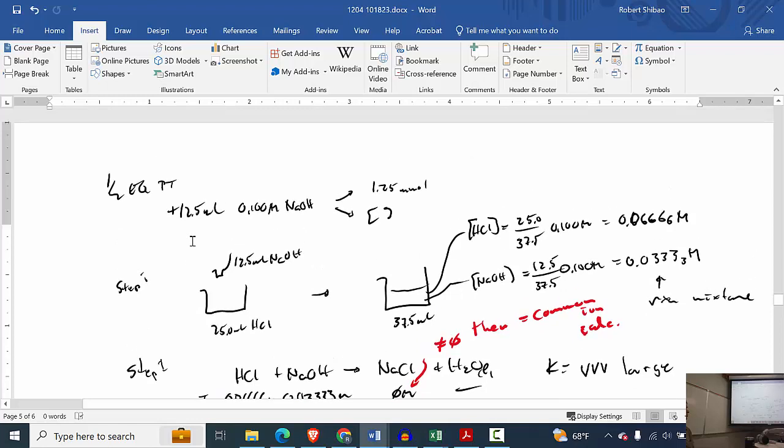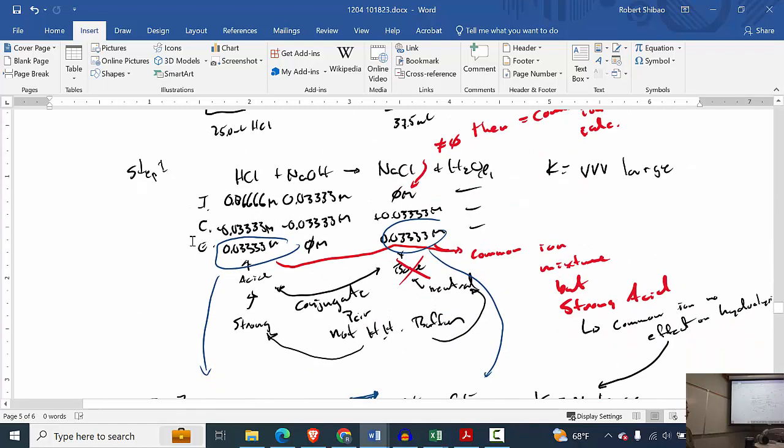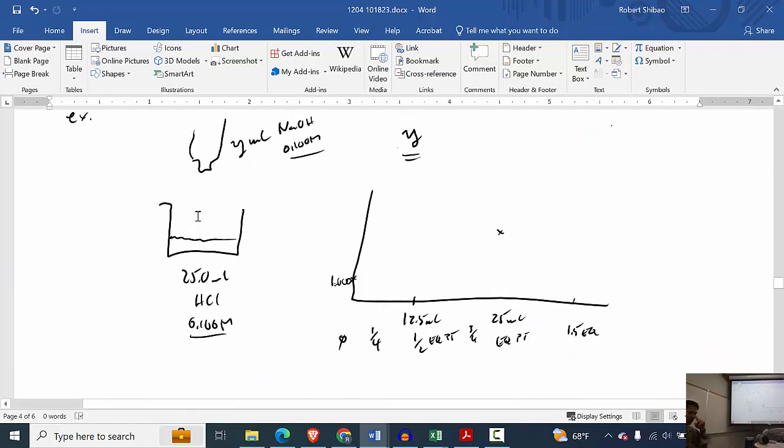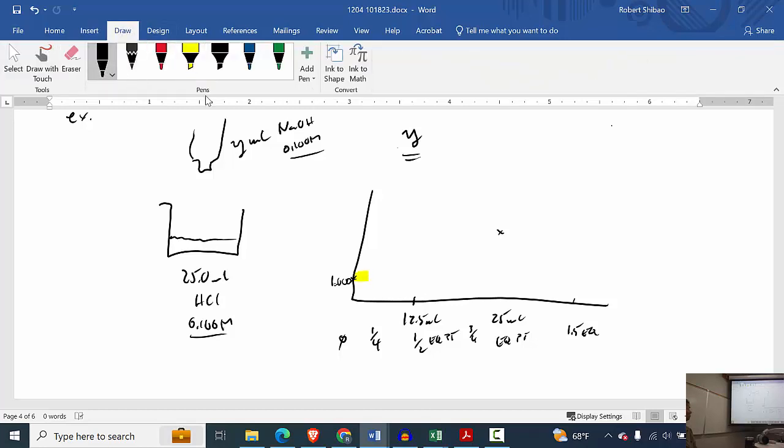We can go to the equivalence point next, 25 milliliters. At the equivalence point, I add just enough to neutralize everything, and so we can figure out what the concentration of the sodium chloride is.